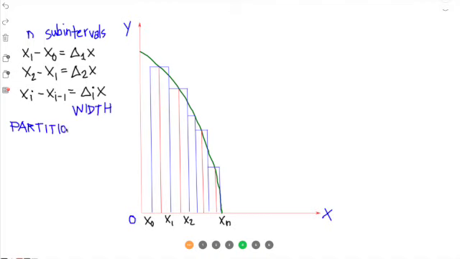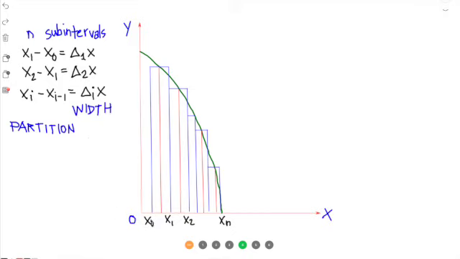So such a set of delta 1x, delta 2x, and so on until delta nx, the set of those measurements, is called the partition.